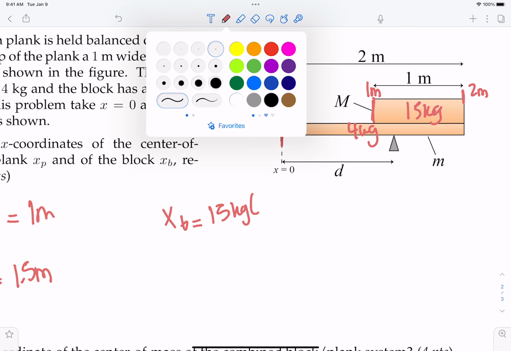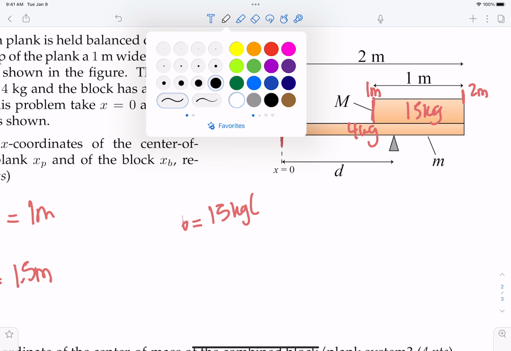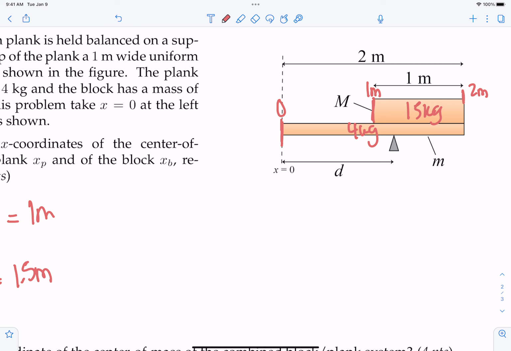The reason why is that for that center of mass equation, it's factoring in the masses that are included in the system, and then their centers of mass in the system, right?